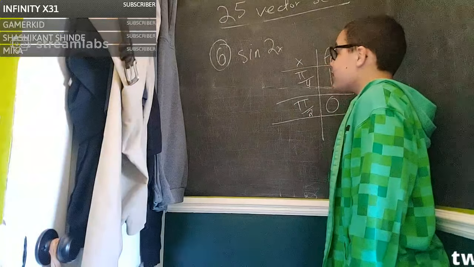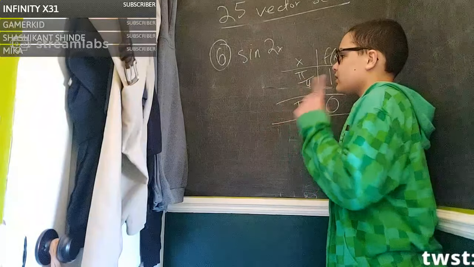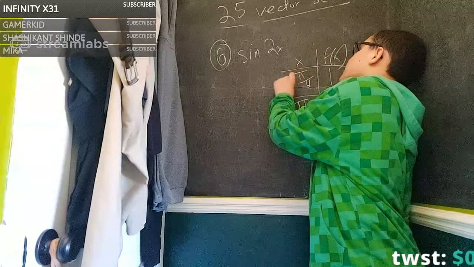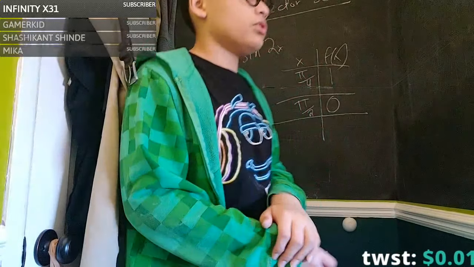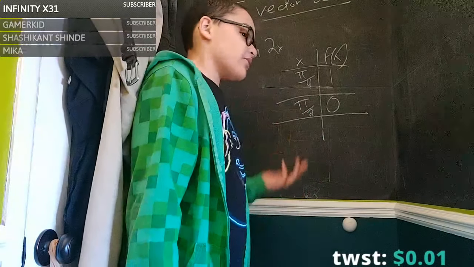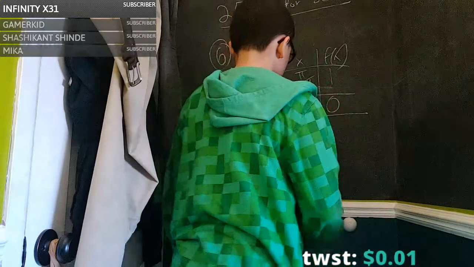Pi over 8? Well, that wouldn't really help because I forgot: is sine of pi over 4 square root of 2 over 2, or is it not? Who knows? I don't. That's the only thing I know, because I didn't memorize the unit circle.